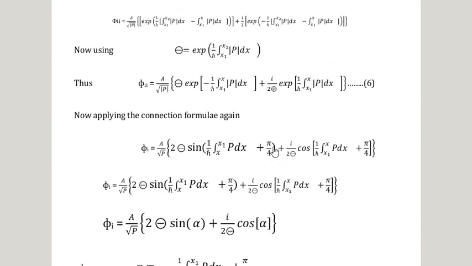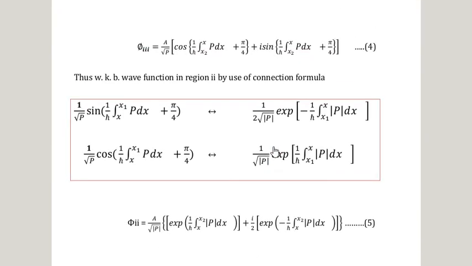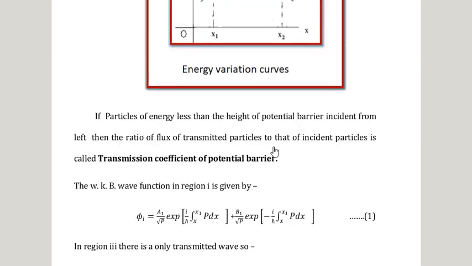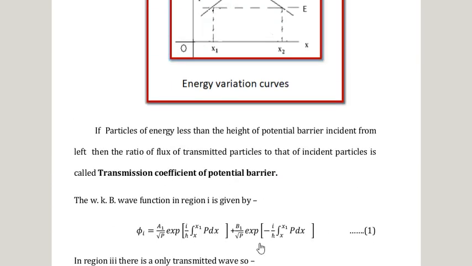Now putting in this equation the values of a e to the power I alpha and a e to the power minus I alpha, you will get phi first. This is the wave function in the first region, and you had initially written the wave function in the first region in equation number 1.